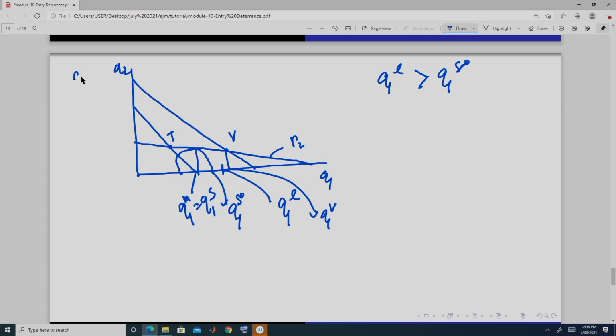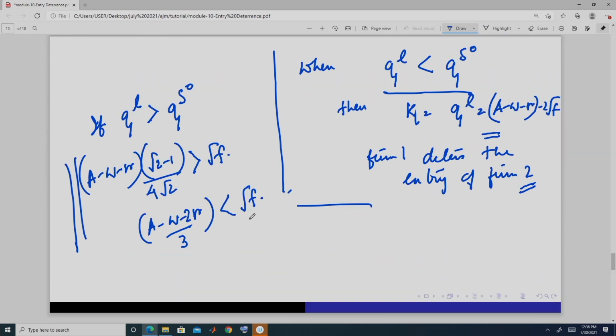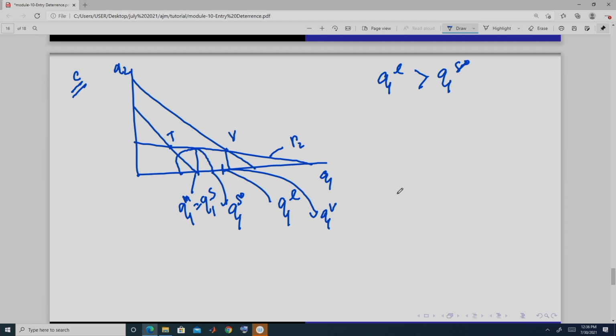In this situation, which is suppose C, what do we get? So, this gives us these two conditions, F should lie within this range. It tells us that if firm 1 wants to deter, it will need to have this much capacity, then the outcome is this. So, it is further away from the monopoly, and this is the isoprofit curve of the Stackelberg, and this is the isoprofit curve effect.